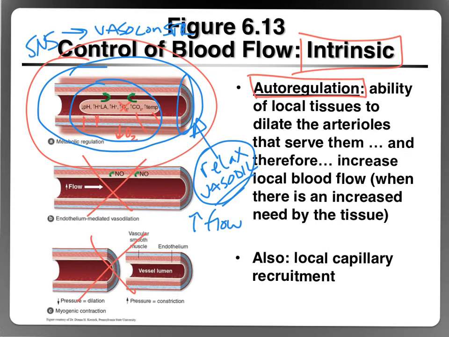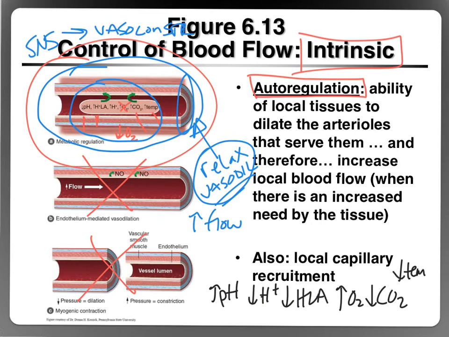So the drop in pH is going to come up. pH is going to go up as you're able to flush out some of the hydrogen ions. So you're going to have fewer hydrogen ions, less lactic acid. You're going to be able to bring in more oxygen, get rid of more CO2, and you can also get rid of more heat.